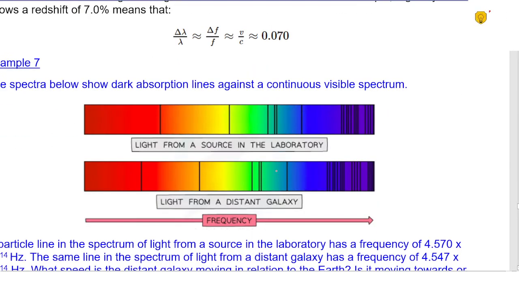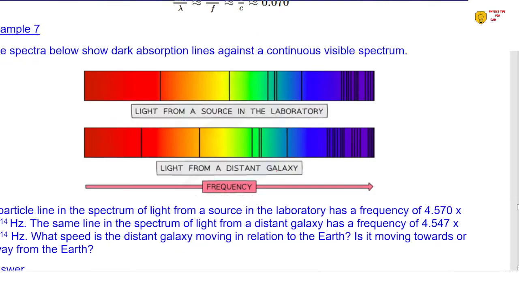Example number 7. The spectra drawn below show the dark absorption lines against a continuous visible spectrum. So that's the shift that we're talking about over there. This is light from a source in the laboratory, and this is light from a distant galaxy.